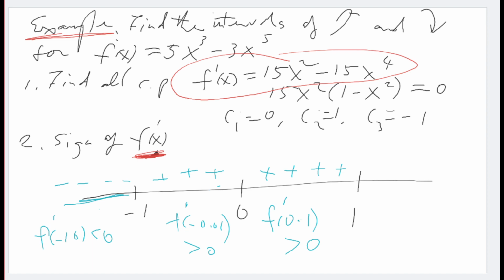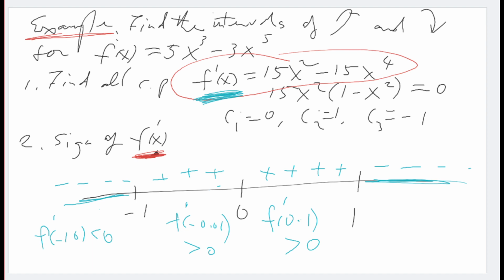On the right side of 1, we can pick, say, 1,000. Any number on the right side of 1 is fine. 1,000 plug in, again, use a calculator. Make sure you plug into f prime. It's going to be negative.